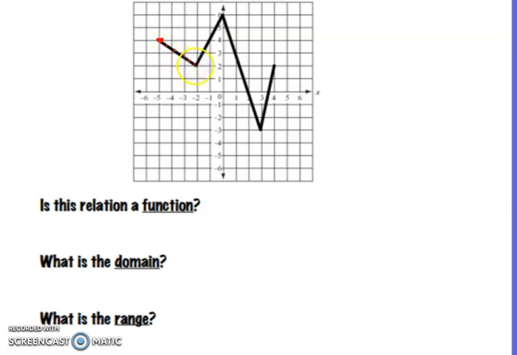Notice it's not just a bunch of dots. There's so many dots that it's continuous. That's a solid line. It's a continuous function, and every x has one value.